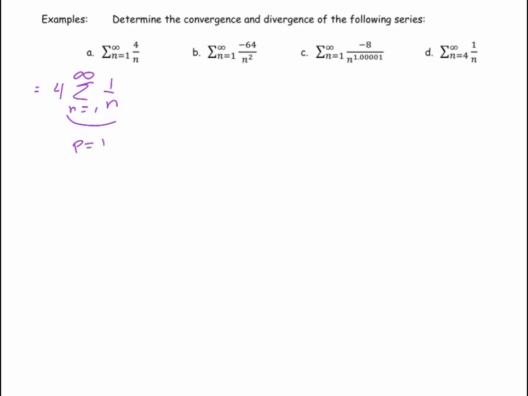And so therefore, that diverges, by the p series test. So that 4 obviously makes no difference, right? If that series is infinity, then 4 times infinity is infinity. If it converges to some number, whatever that is, then it would just be 4 times that number, and we would say it converges.